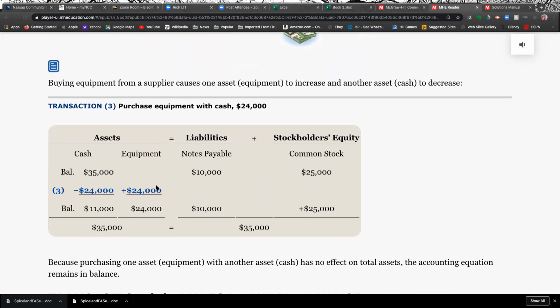One asset increases, equipment, and another asset decreases, cash. So now what do we have? We have $11,000 in cash and $24,000 in equipment. Add that together, that's $35,000 on the left. What do we have on the right? Notes payable of $10,000, common stock of $25,000, total of $35,000.